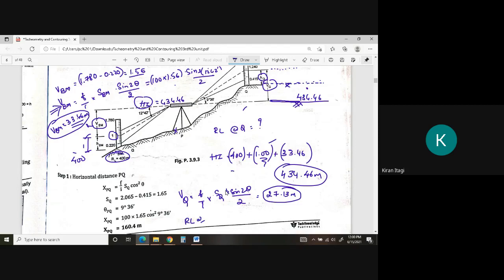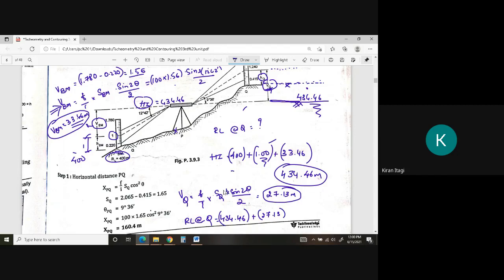Now what you do, RL at Q, directly you can write this. What is this one? That is 434.46. Next, I will add this VQ. VQ, how much have I got? 27.13.